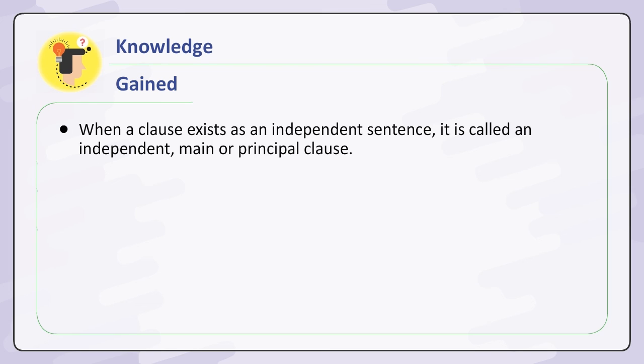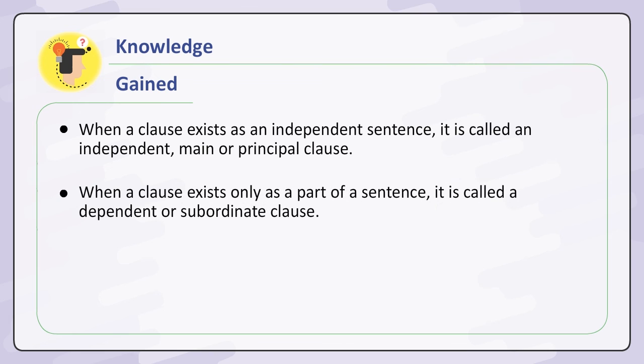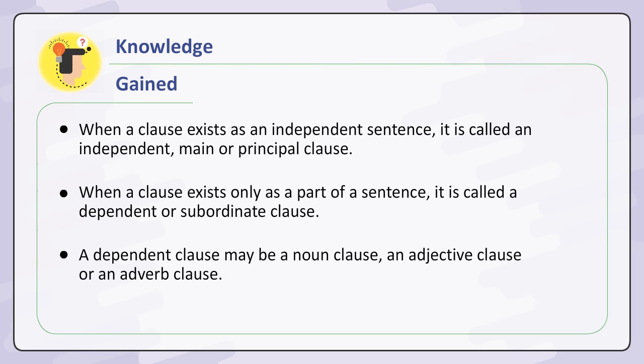When a clause exists as an independent sentence, it is called an independent, main, or principal clause. When a clause exists only as a part of a sentence, it is called a dependent or subordinate clause. A dependent clause may be a noun clause, an adjective clause, or an adverb clause.